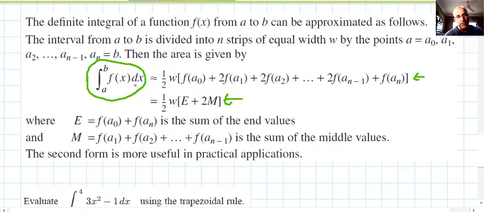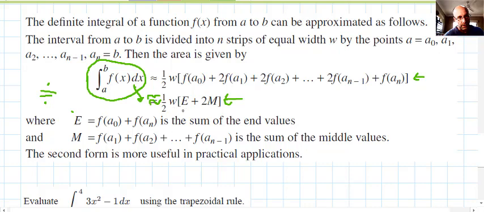If you're going straight from here to here, you should use approximately equal to signs, the wavy ones, or possibly you could use that symbol. Now, it basically is a half w outside of e plus 2m. We need to know what these are. So w is the strip width, and sometimes we have to work w out, and I'll show you that in an example in just a moment.